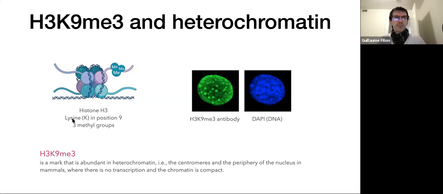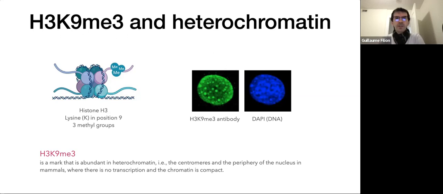That's histone H3, and so H3K9Me3 is jargon in the field for histone H3. K9 is the lysine in position 9, and Me3 means that you have put on this lysine 3 methyl groups. So the code that people use in the field is H3K9Me3.